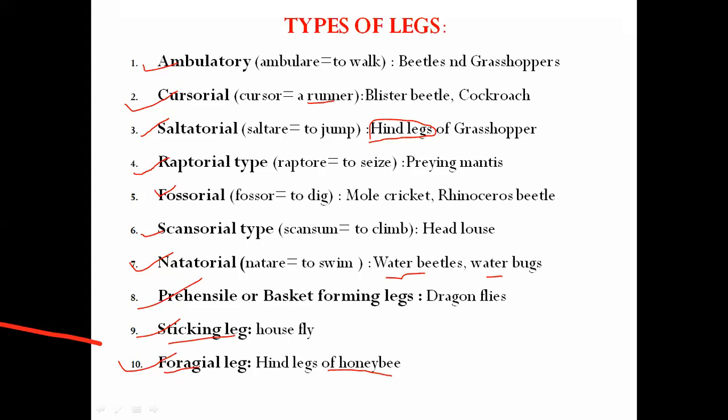In honeybees, on the last pair of hind legs there are hairs, which are responsible for collecting the pollen and storing it in the pollen basket. Inside there is a pollen basket, called the corbicula, and this pollen basket is helpful for collecting the pollen and is present in honeybees.